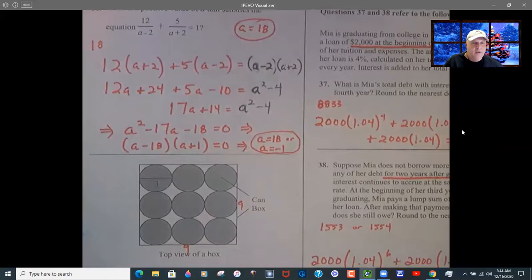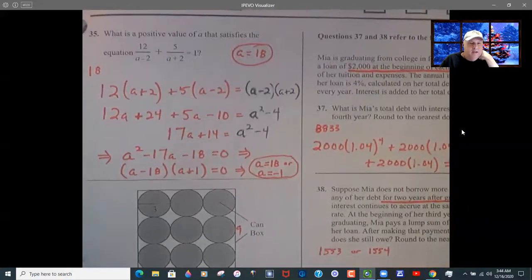Here's the work. You have to get a common denominator, or I actually multiplied both sides by a plus 2 times a minus 2. And it eliminated the denominator. Now that's a giant thought. What? You can multiply both sides by a plus 2 times a minus 2? Yes, you can.